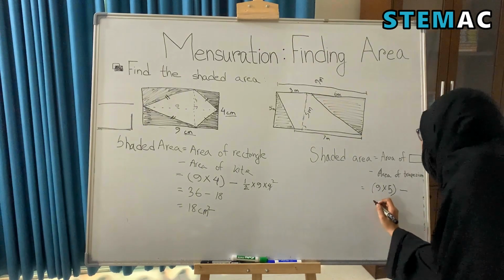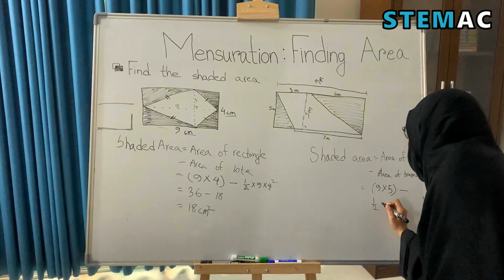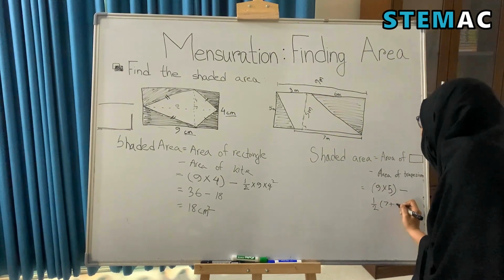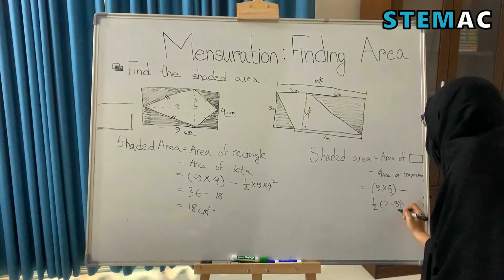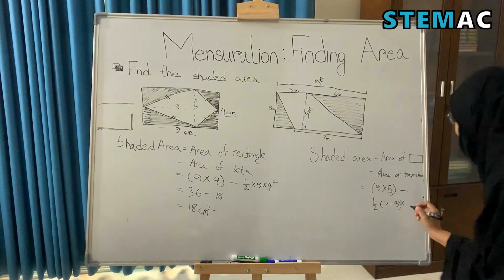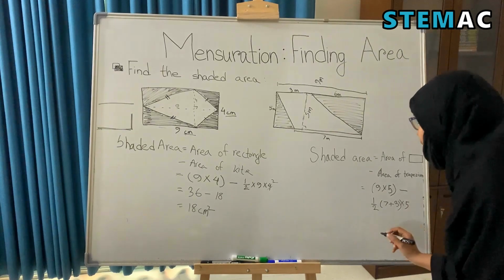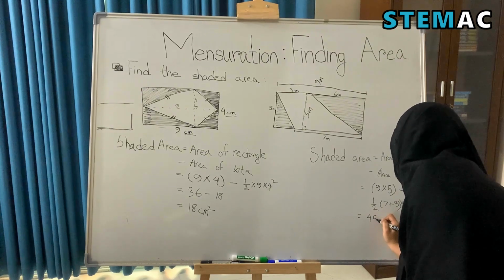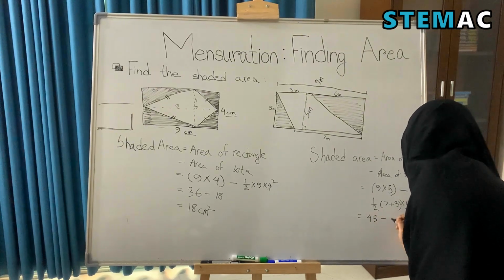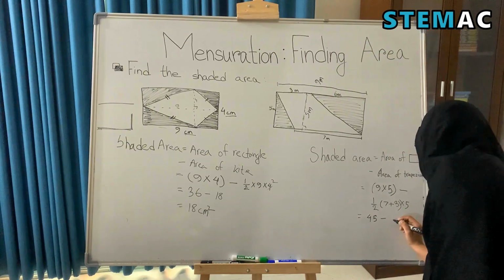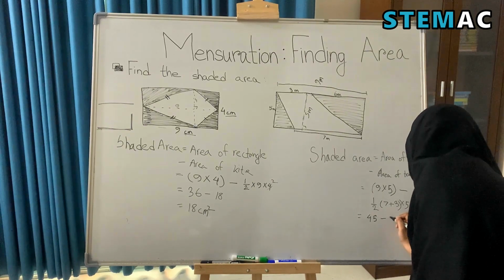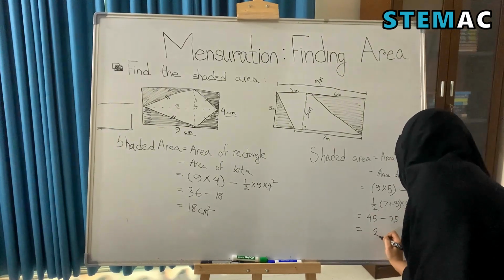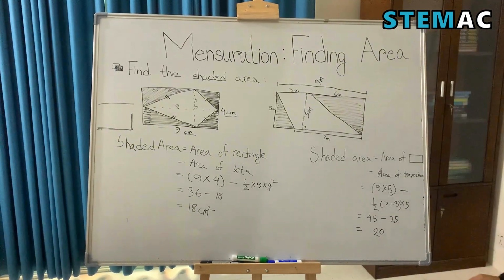So, area of trapezium is half into 7 plus 3 into 5, that gives us 20.